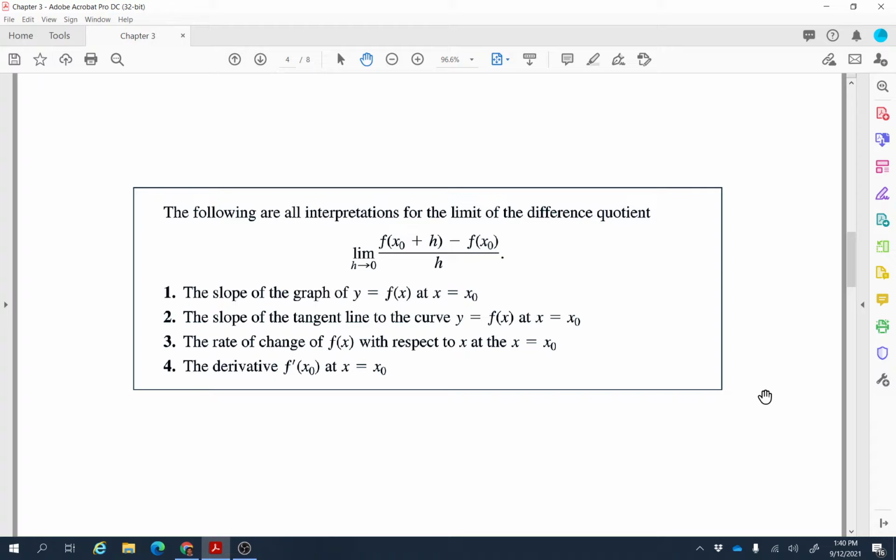Okay. So now, because we know slope of the tangent line means derivative of the function at that point, the derivative and slope of the tangent line are the same thing. So the following are all interpretations for the limit of the difference quotient.